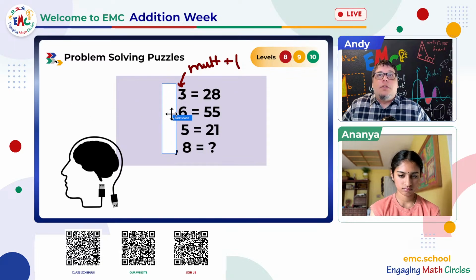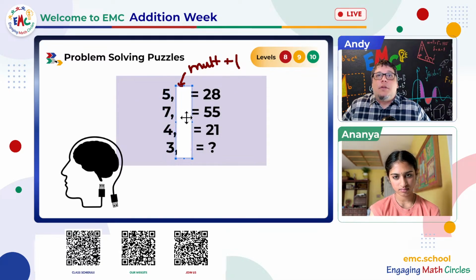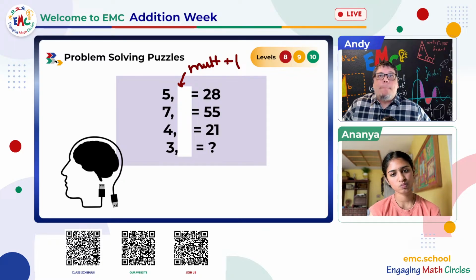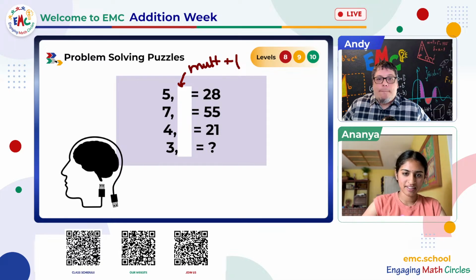Okay, now we see if we can find a pattern with just the first numbers. Okay, none of them are factors again.